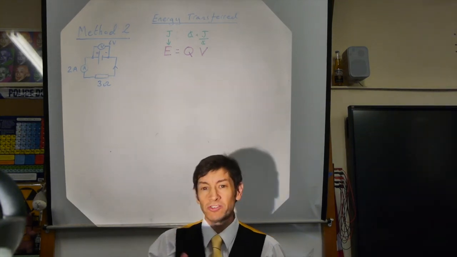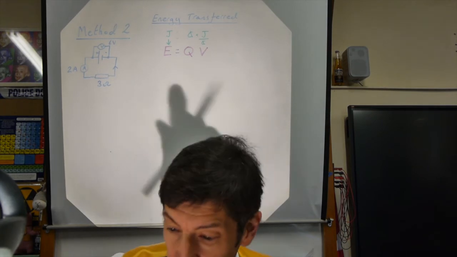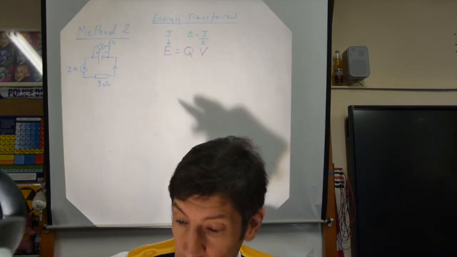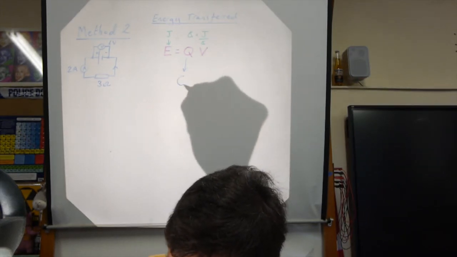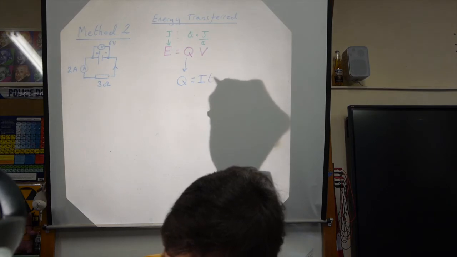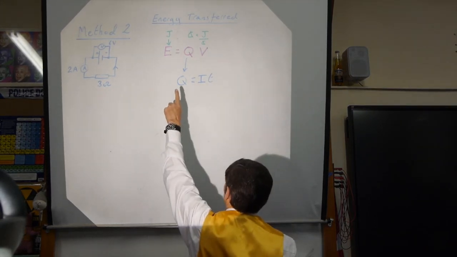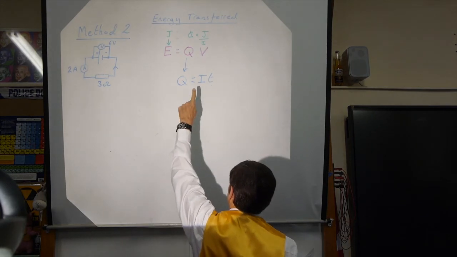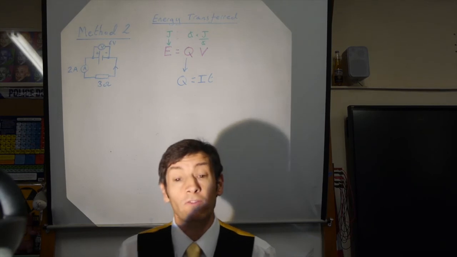But I want you to remember back to a previous formula, to be able to do a calculation on this circuit. Do you remember that Q is also equal to IT? So the amount of charge that's flowed in a circuit in a certain time is the current times by the time it was on for.